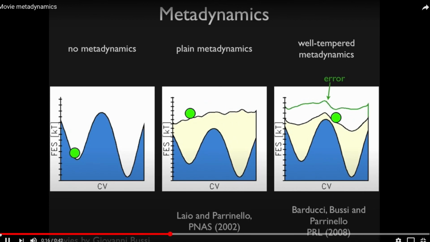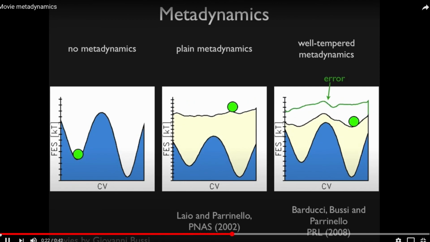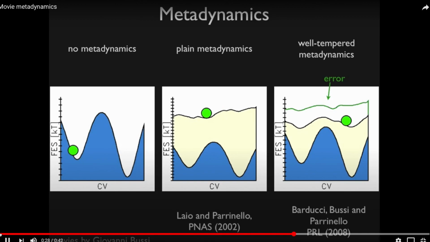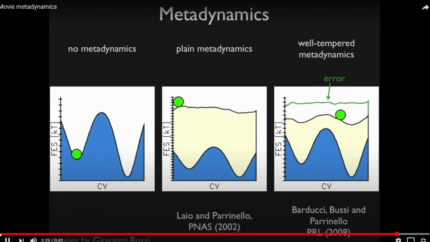So it's able to reproduce the opposite of the free energy surface modulo constant. In the well-tempered metadynamics case, instead, the bias potential is evolving towards a limit in which it reaches a shape that corresponds to a rescaled version of the free energy surface.